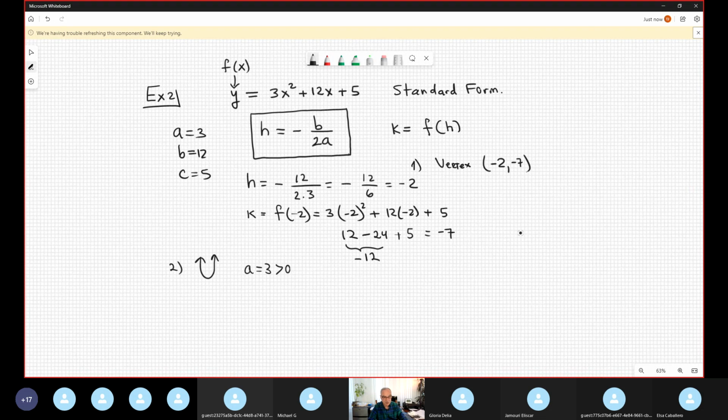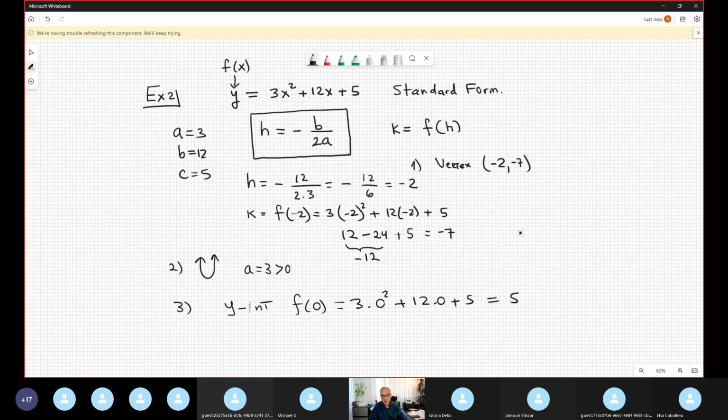I want to take advantage of this moment to explain one important thing. To find the y-intercept, you know very well that you evaluate the function at 0. When you evaluate at 0, it's 3 times 0 squared plus 12 times 0 plus 5. It's obvious that it's 5 because the rest is 0.